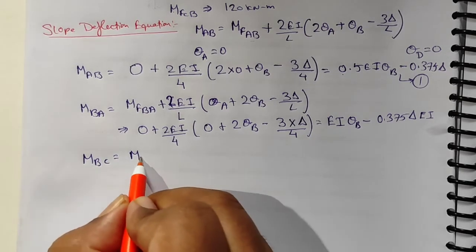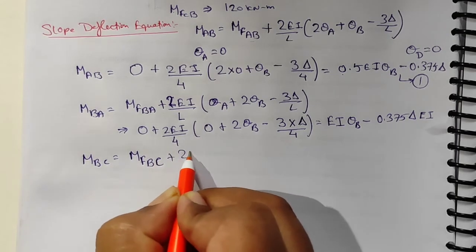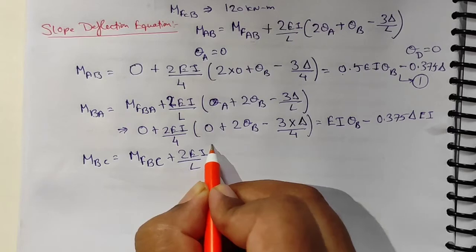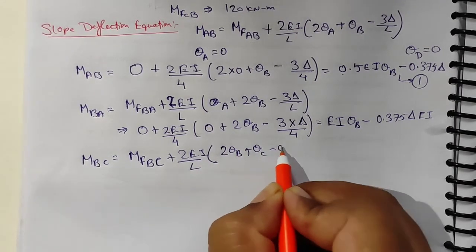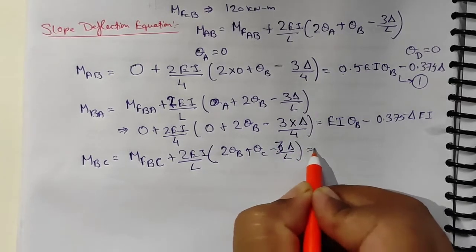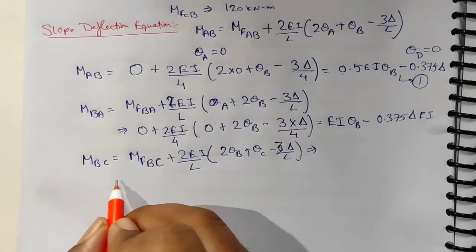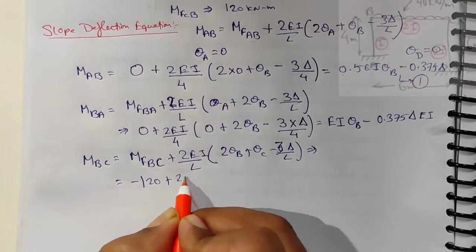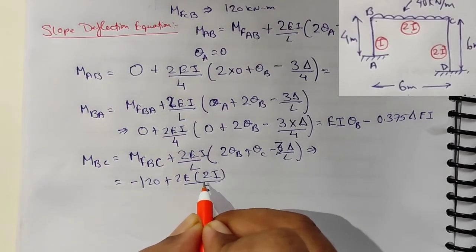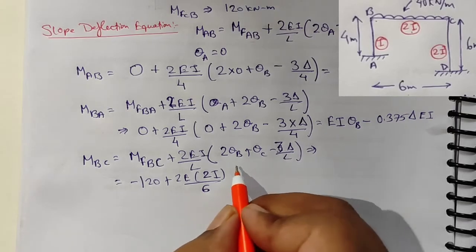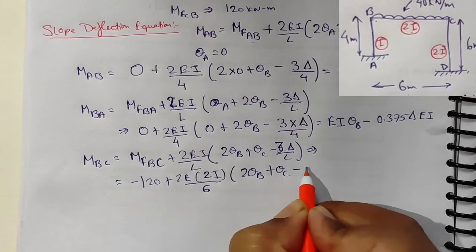For MBC, that is equal to fixed end moment MFBC plus 2EI upon L multiplied by 2 theta B plus theta C minus 3 del upon L. Putting the values from the solved equations above, it will be equal to negative 120 plus 2EI multiplied by 2I upon 6, as in the question the member has moment of inertia of 2I, multiplied by 2 theta B plus theta C minus 0.